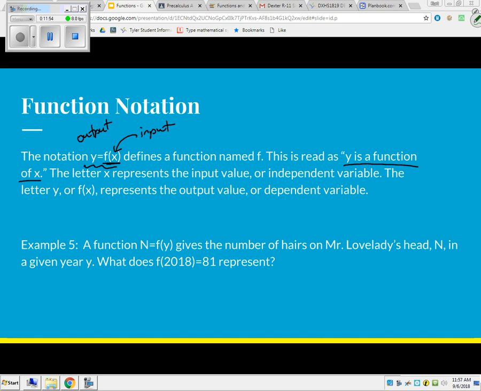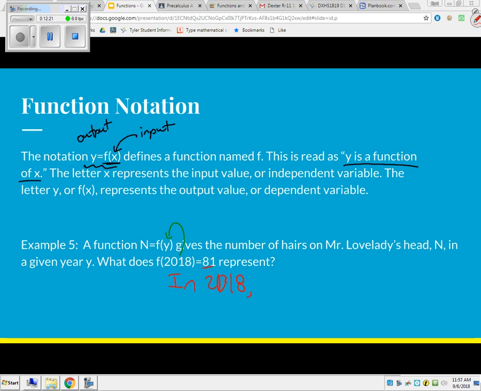Well, looking at this, this 2018 is in the same spot as this y, and the y is a year. So I could say something like, well, in 2018. Now what this is equal to, this 81 right here, that's my output. In 2018, that's telling me how many hairs are on my head.